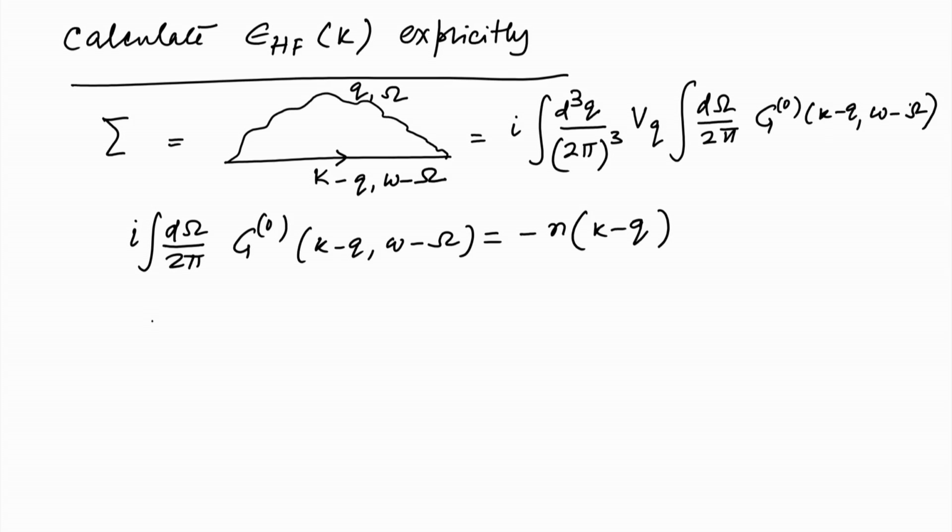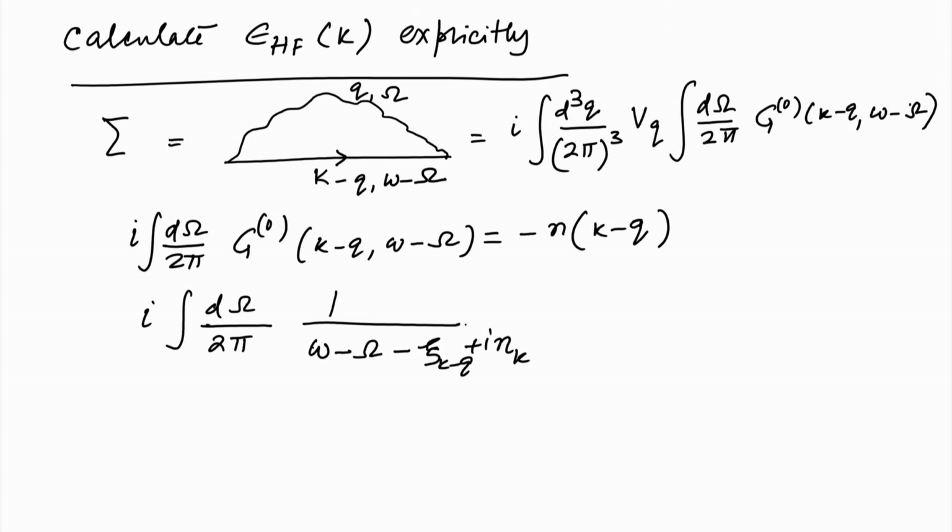The reason is that this is d omega over 2 pi, and now this will be written as 1 divided by minus omega minus psi k minus q plus I eta k, and this is equal to I d omega by 2 pi. We put omega going to 0.